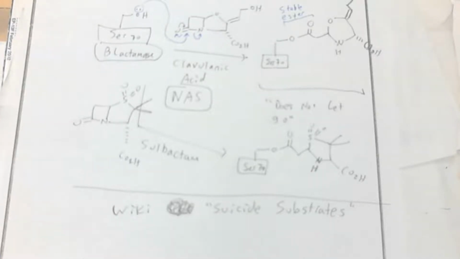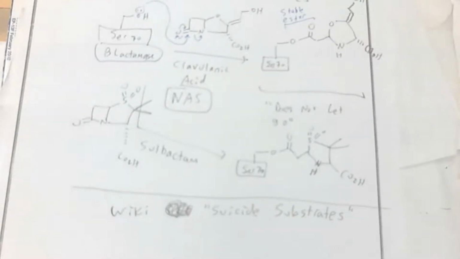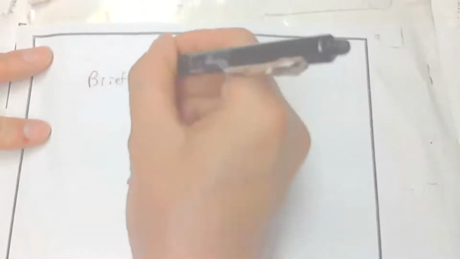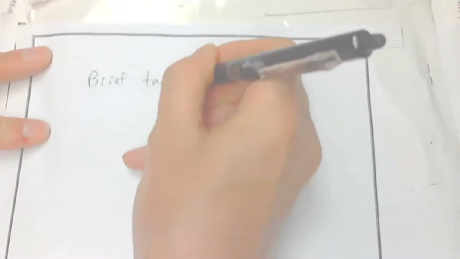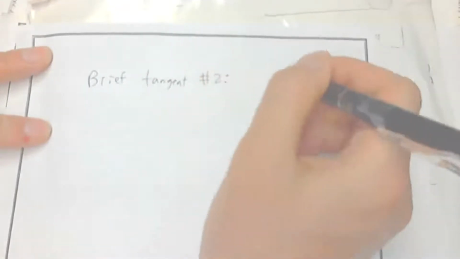One more example of some reactions, and then it'll be pure pharmacology. All right, cool. So I'm calling this brief tangent number 2, because we did a tangent number 1 earlier, which was on peptide coupling. This is going to be on very basic pharmacology concepts.